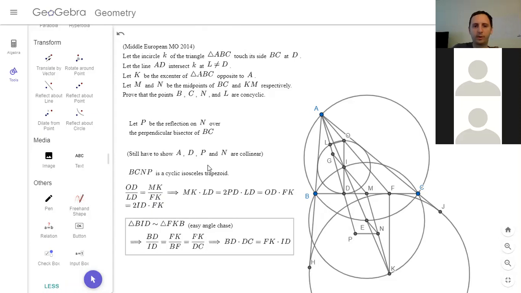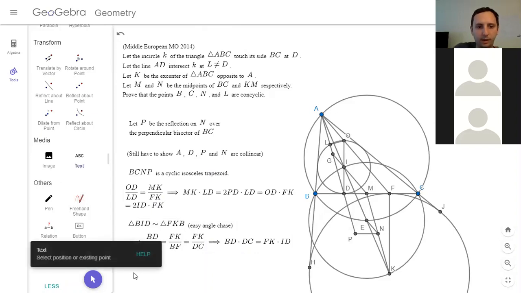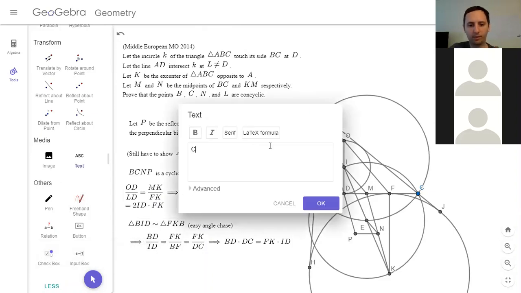Okay, so if you combine these two, then you get that PD times LD is BD times DC. So that means it's cyclic. Or just to make it even clearer, I'll say this.